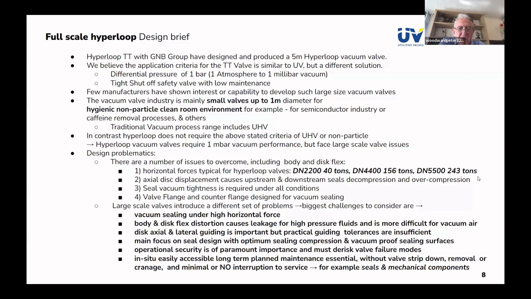Now, we see under point 2 here that this causes the axial disc displacement downstream, and this means that the upstream seal on a two-sided valve, a bidirectional or bi-seal valve, will decompress and the downstream seal will overcompress. And it's very important to control both of those things.